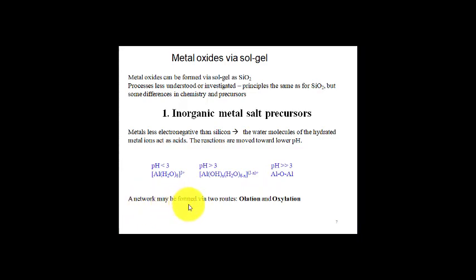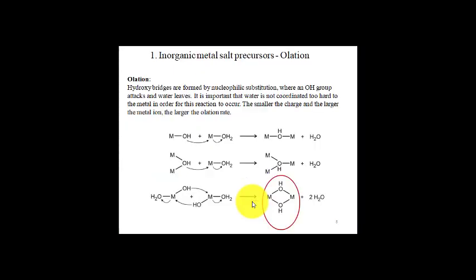A network may be formed via two routes, olation and oxolation. So these are inorganic metal salt precursors. One is olation and the second one is oxolation.